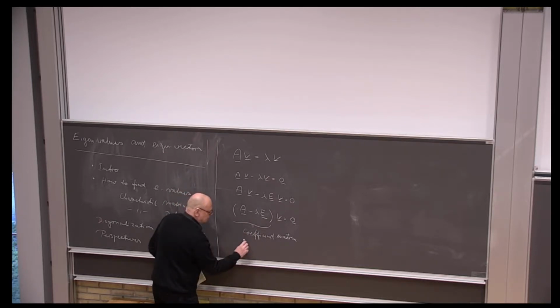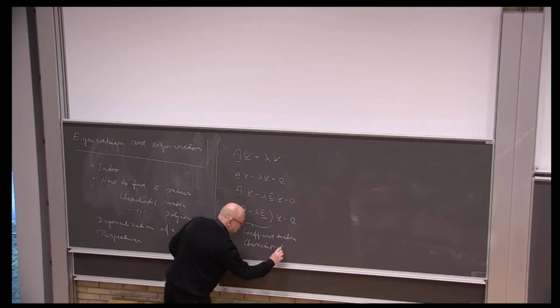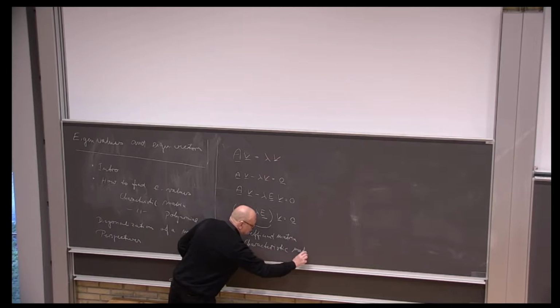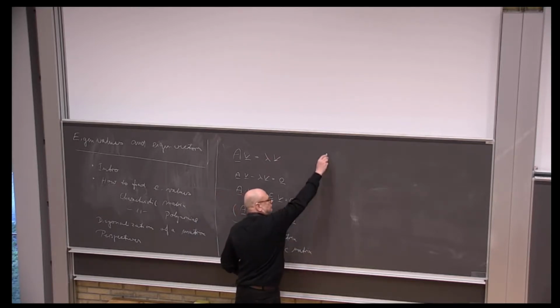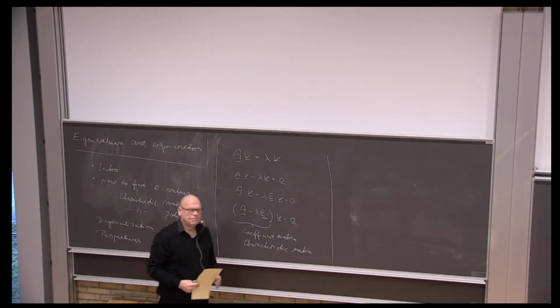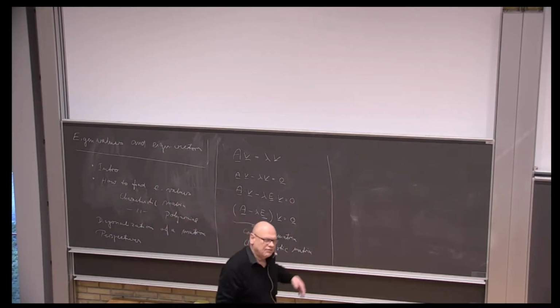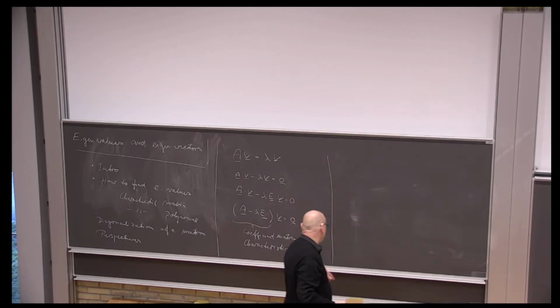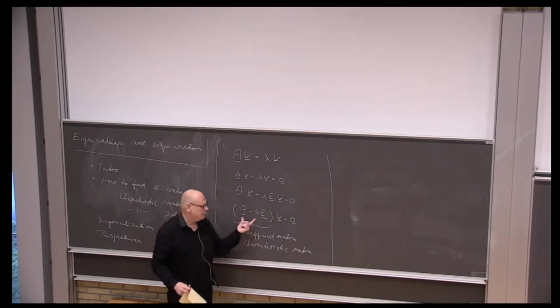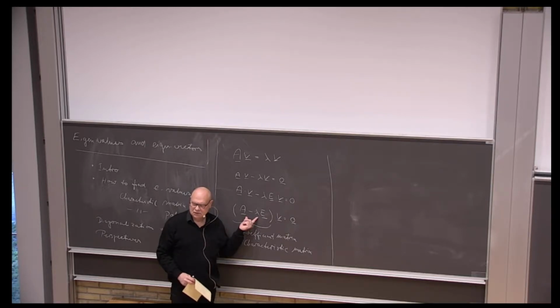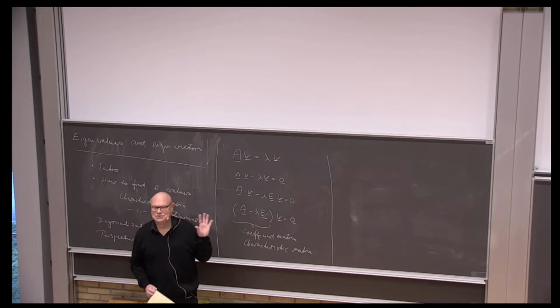This matrix here is also known as the characteristic matrix. Now, if I'm going to find the lambda values, you see the coefficient matrix here depends on lambda. And now I'm going to find the lambda values that make this singular. How do I go about doing that? You mentioned something about the determinant, and that is correct.